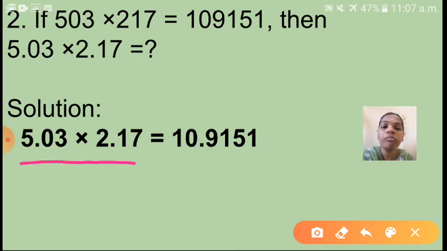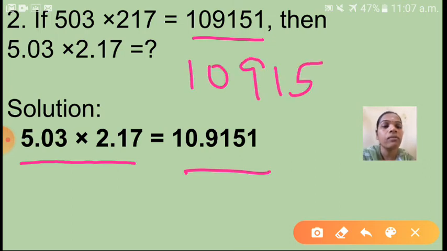See here, this is your answer. That means 5.03 into 2.17 is equal to the same number only, 109,151, that means 1,09,151. And here you just have to count the digits. How many digits are there? Here 2 digits and here also 2 digits after the decimal point. So total how many digits? 4 digits.